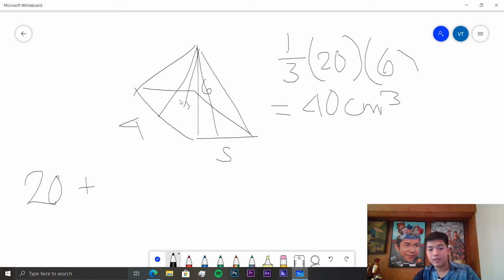Then on this side, we have a triangle with a width of 2.5 and a height of 6, so 2.5 squared plus 6 squared, square root of that, gives 6.5.